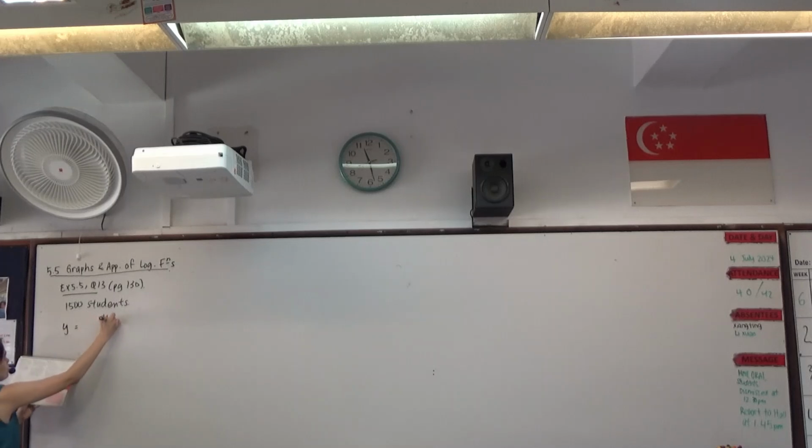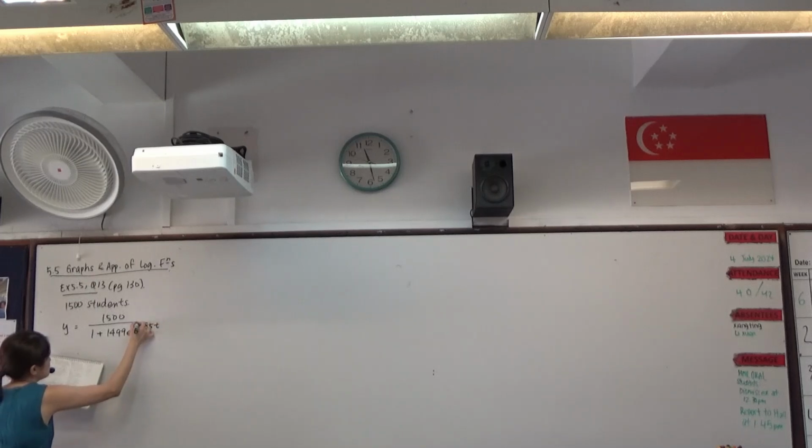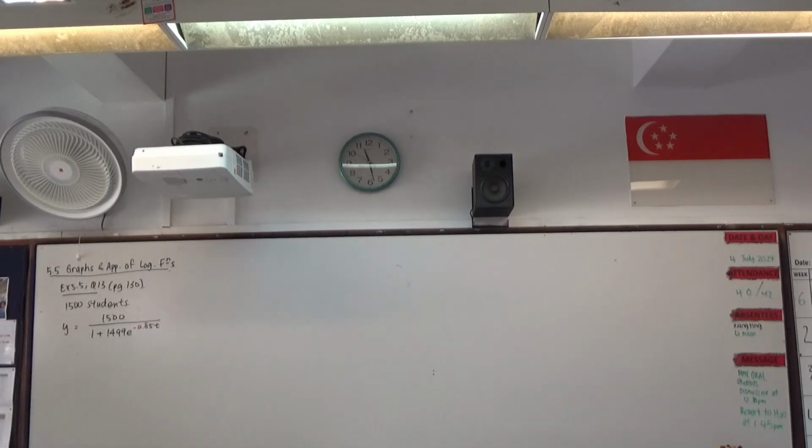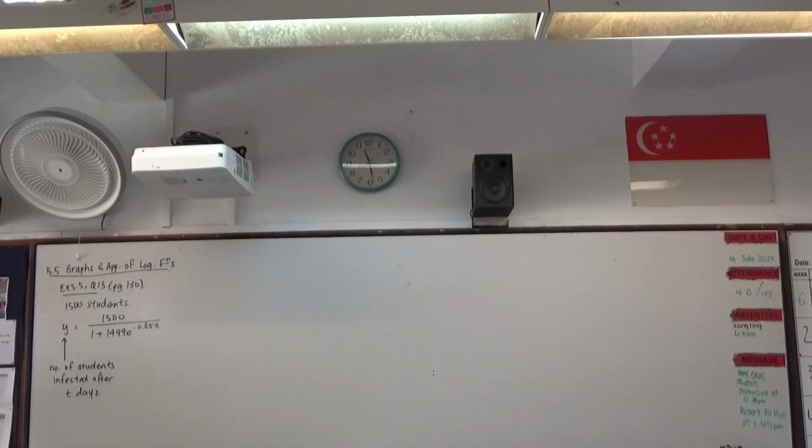The spread follows this model, this function, whereby y is the total number of students infected after T days. T is of course the number of days after the first case itself, right?